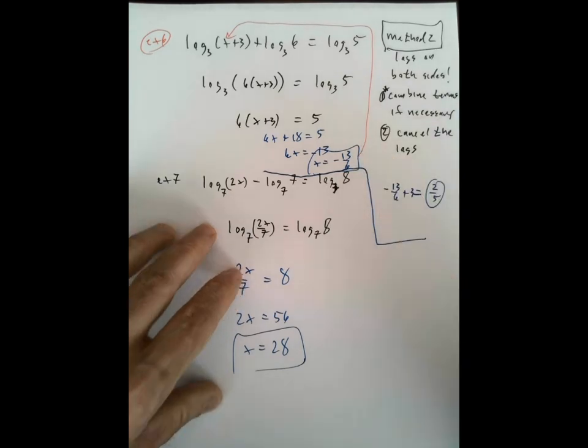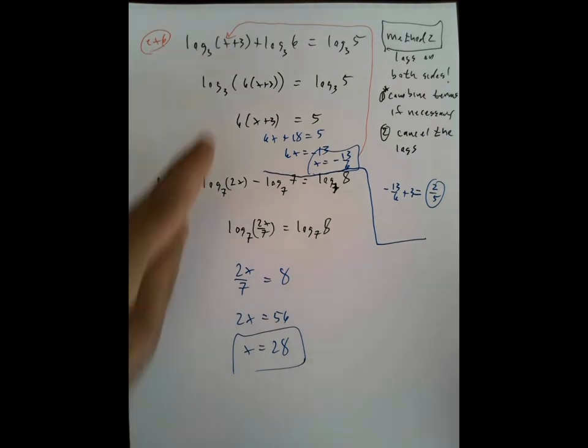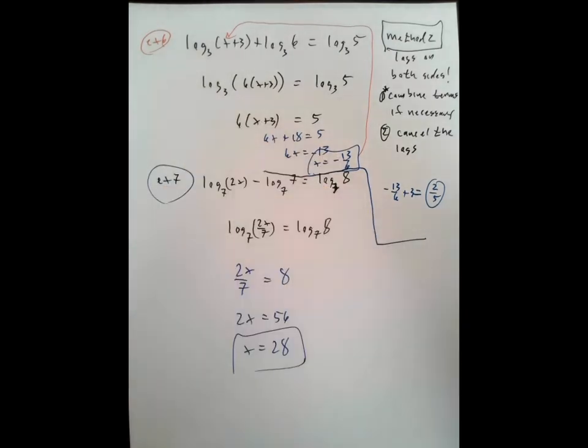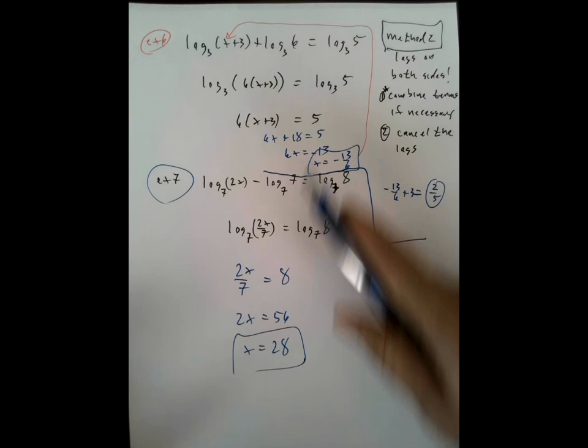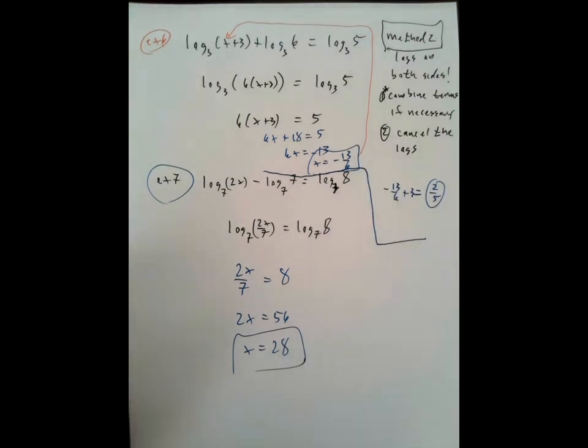So negative 13 over 6, even though it's negative, is still a legal solution because it doesn't make the inside of the logarithm negative. Sorry about the backtrack there. I hope that wasn't too confusing. But this is the basic idea: you just have to check for extraneous roots.